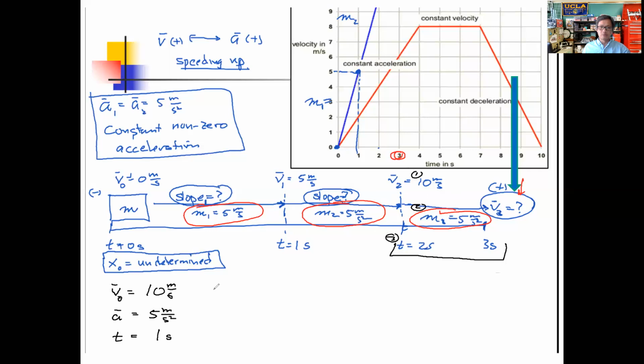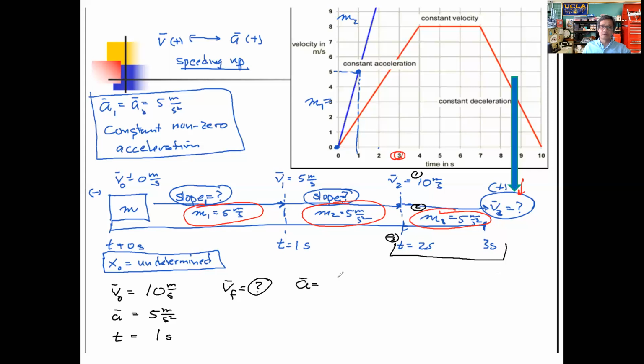Okay, so what are we solving for then? We're solving for the V at the end of that time period, which we will refer to as V final. So we were asking ourselves then, what is that V final there? Okay, all right. So do we have a formula that relates all four of these factors together? And the answer is yes. We talked about this. Remember, we had the formula for acceleration.